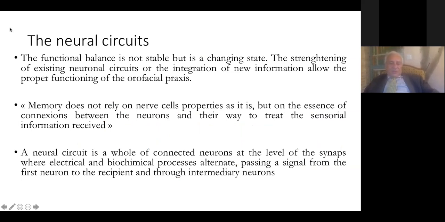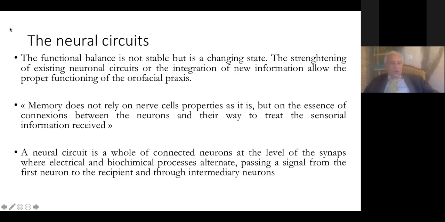And so if you learn a new program, it's not printed definitively, but it must be used at each moment. Memory does not rely on nerve cell properties, but on the essence of a connection between the neurons and their way to treat the sensorial information that they received.